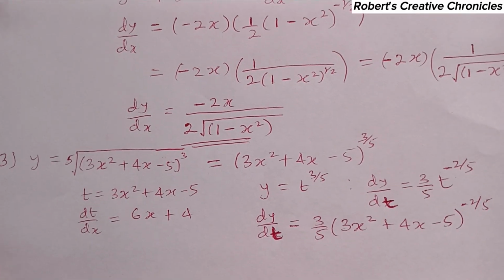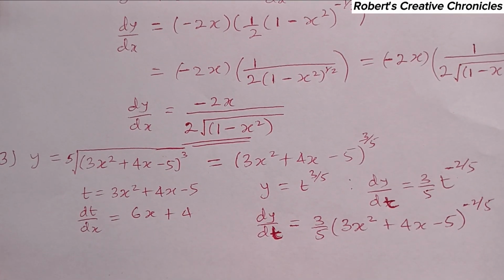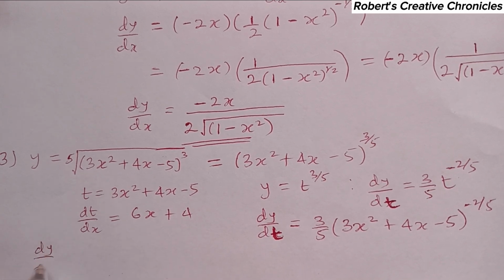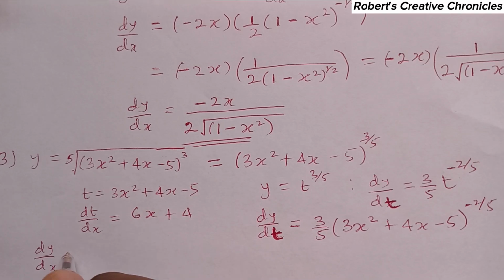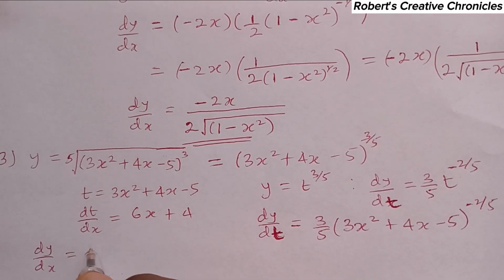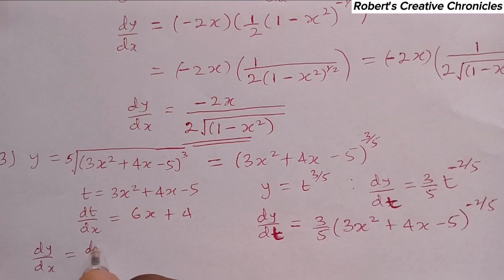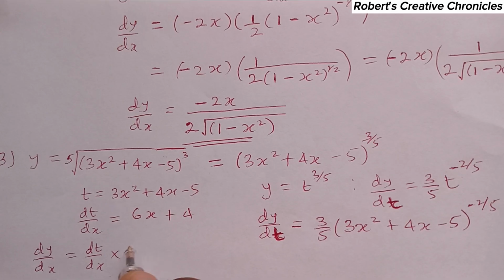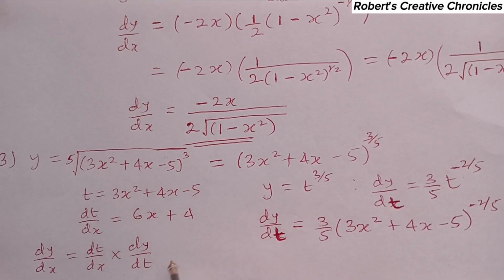So now we can substitute it in the chain rule. So dy over dx will be equal to dt over dx multiplied by dy over dt.